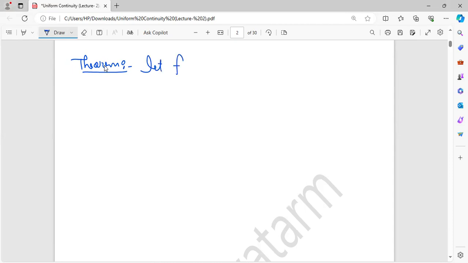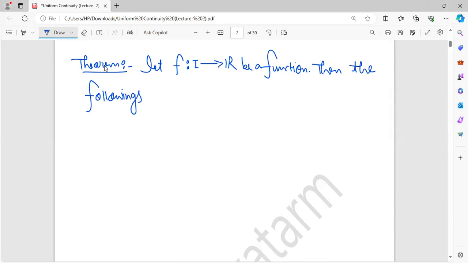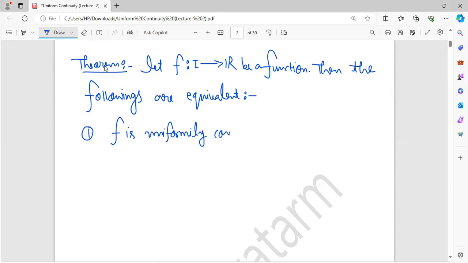Let f from I to R be a function. Then the following are equivalent. Number one, f is uniformly continuous.